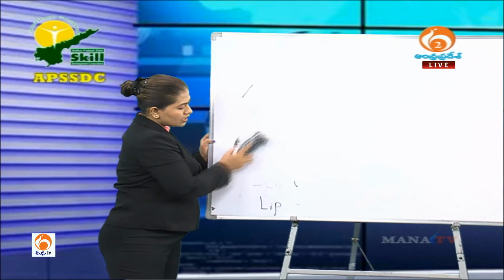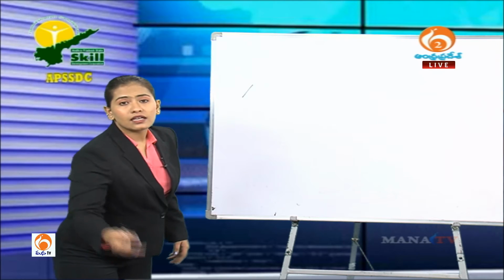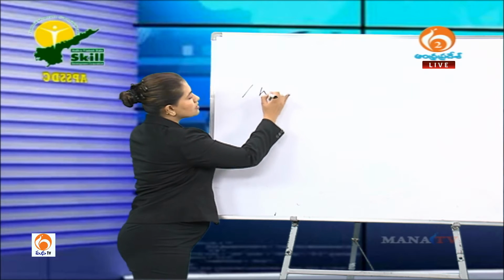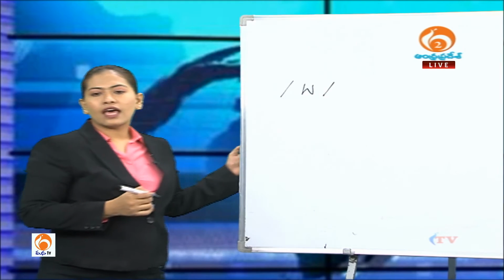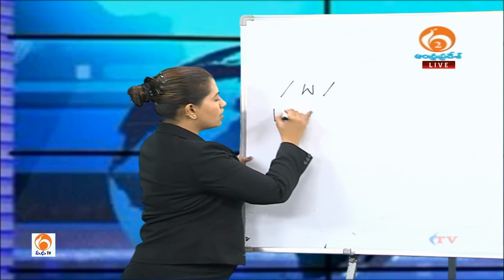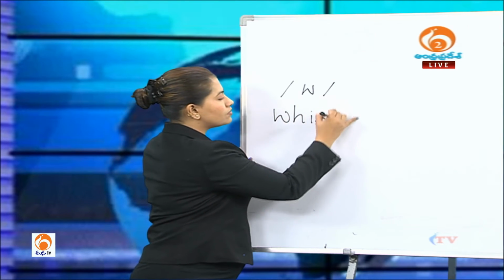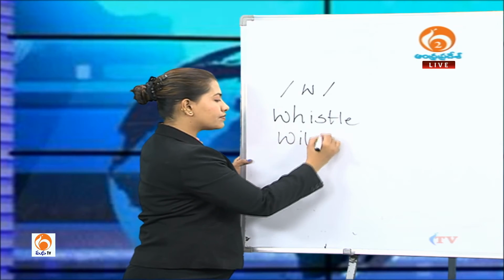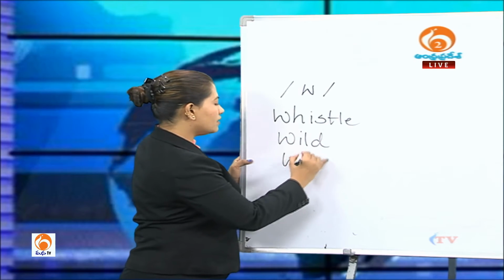The sound is represented in a similar fashion to what the letter says, and the examples are whistle by itself, wild, wheel.